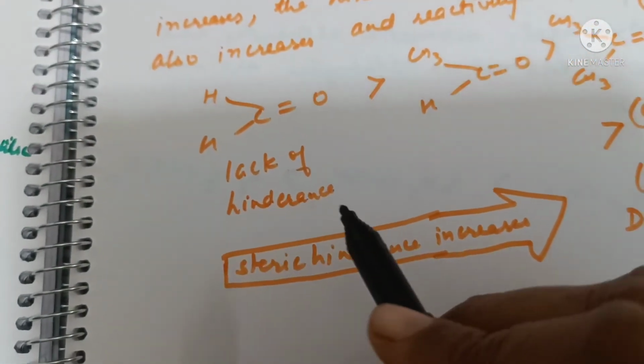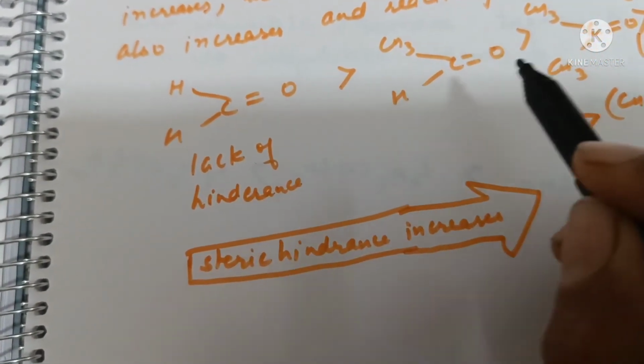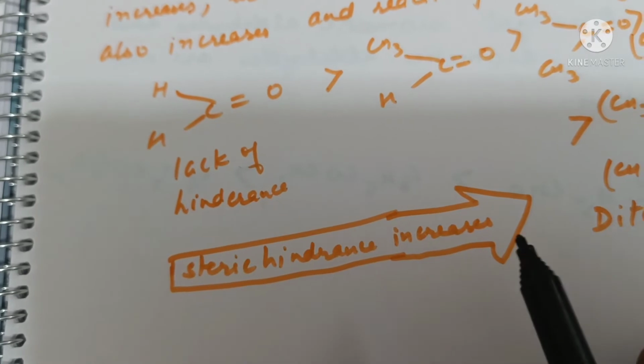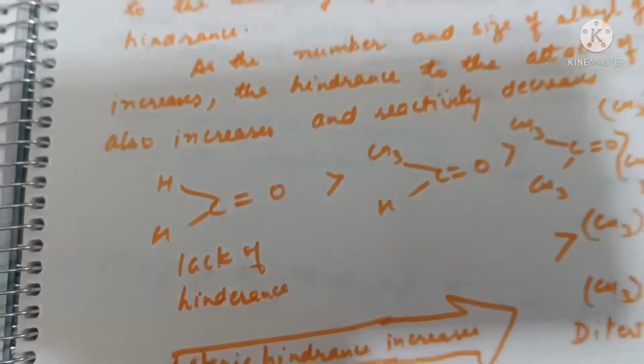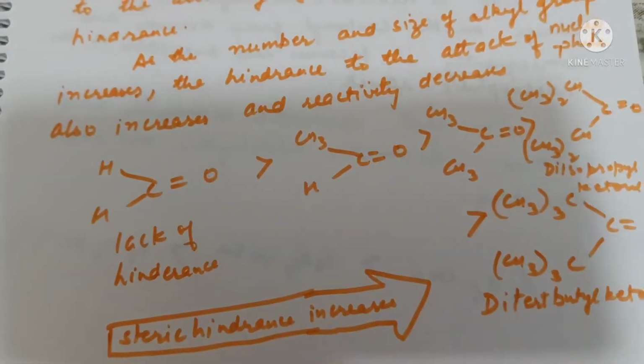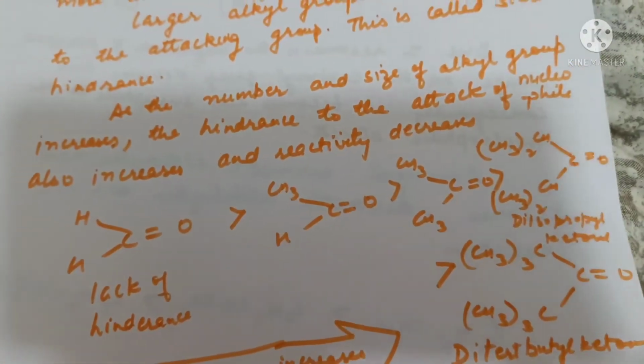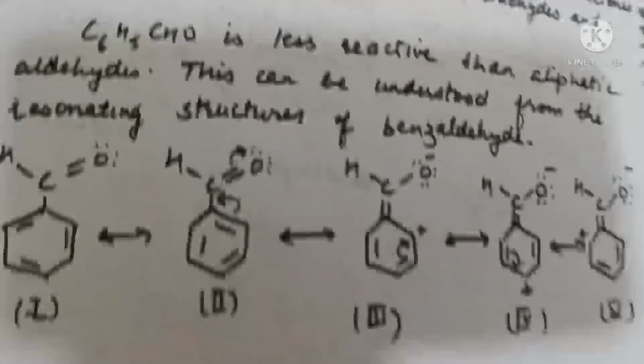So as we move to bulkier alkyl groups attached to the carbonyl group, the steric hindrance increases and the reactivity decreases. So this is the reactivity order. Formaldehyde is most reactive of all.